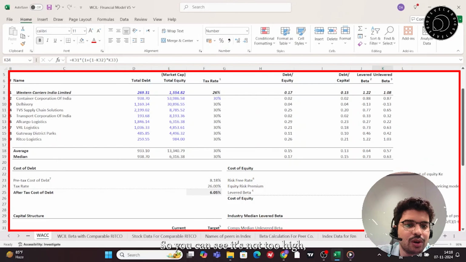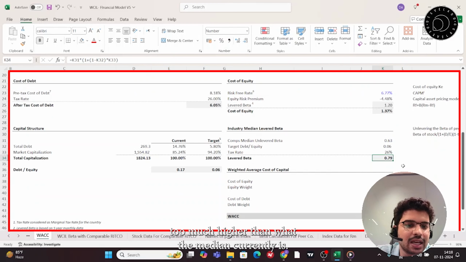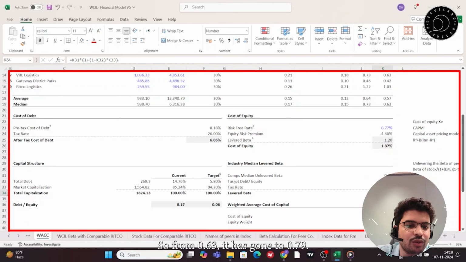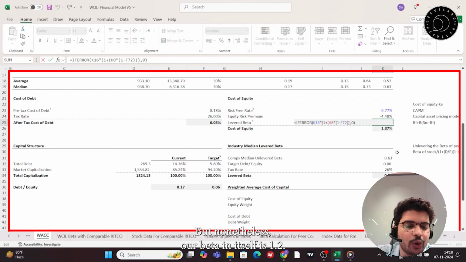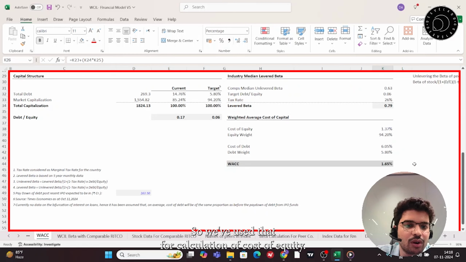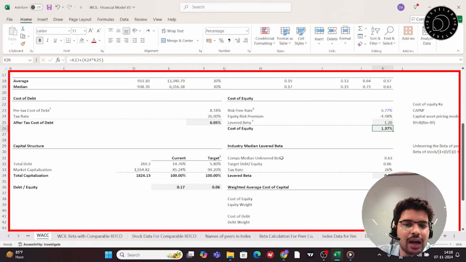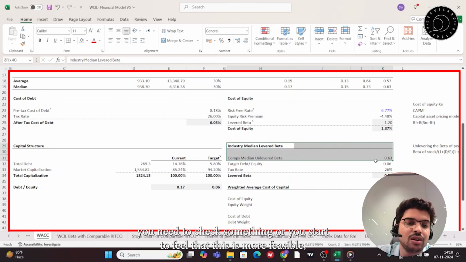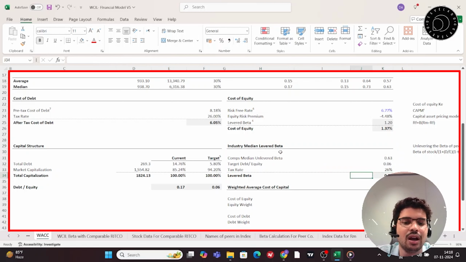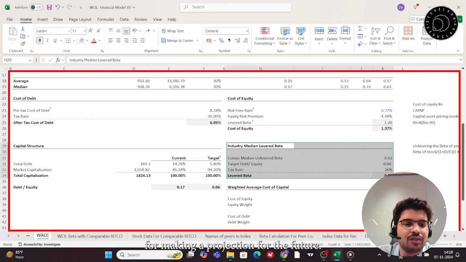So you can see it's not too much higher than what the median currently is. From 0.63 it has gone to 0.79, but nonetheless our beta in itself is 1.2. So we've used that for calculation of cost of equity. This is just for reference in case moving forward you need to check something, or you start to feel that this is more feasible for making a projection for the future.